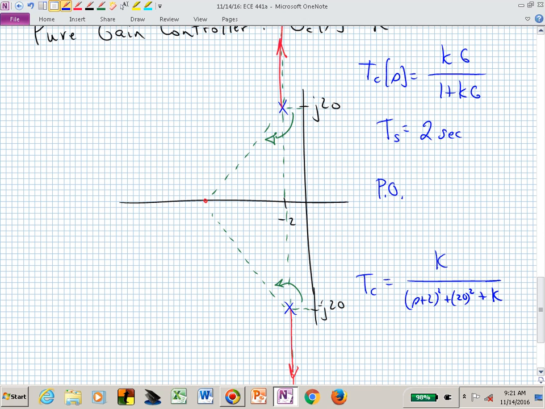But boy, will it shake prior to those 2 seconds. It will shake at a frequency determined by omega sub d, which is impacted by K. In this case, for this system, a pure gain output feedback controller is probably not what you want, is it? You probably don't want to make this guy just shake a little bit more.